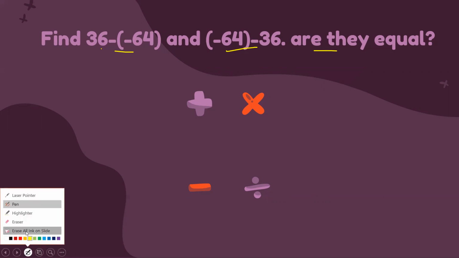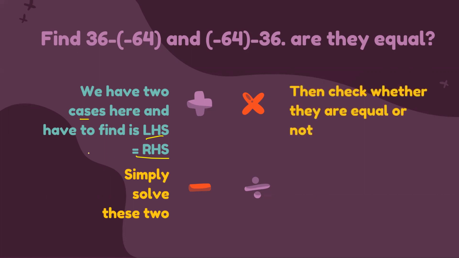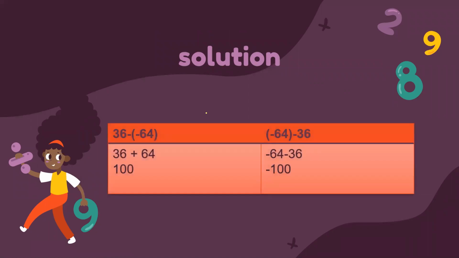We have two cases here, and we have to find whether LHS is equal to RHS or not. First of all, simply solve these two and then check whether they are equal or not. Are they giving different answers or different signs? Then you need to check whether LHS equals RHS. So this is the solution.